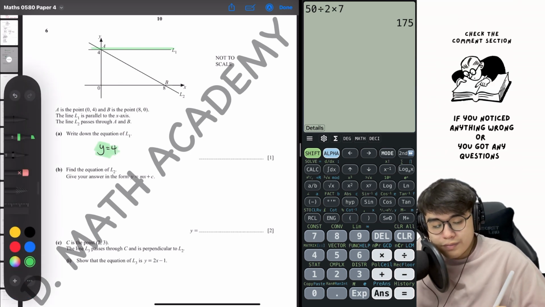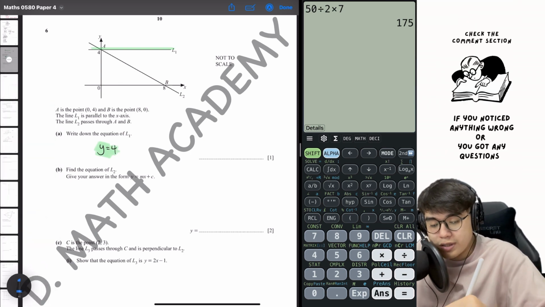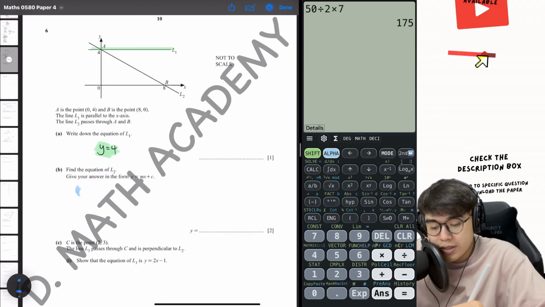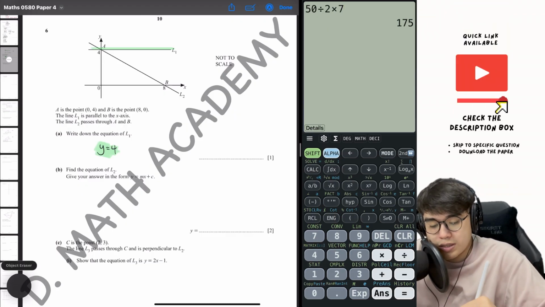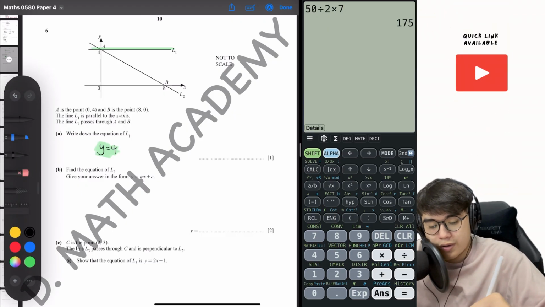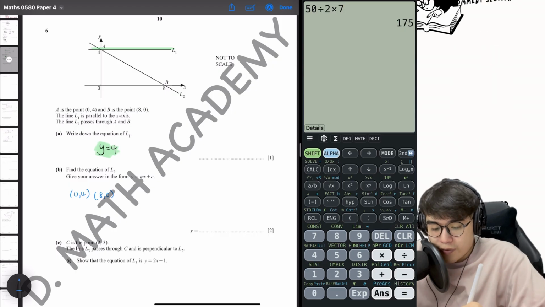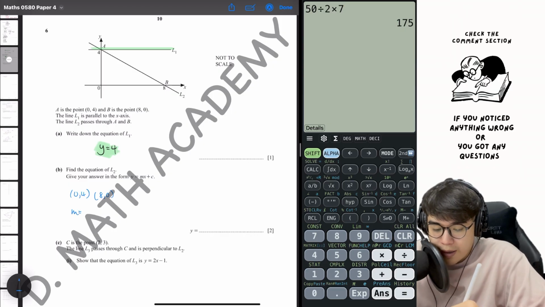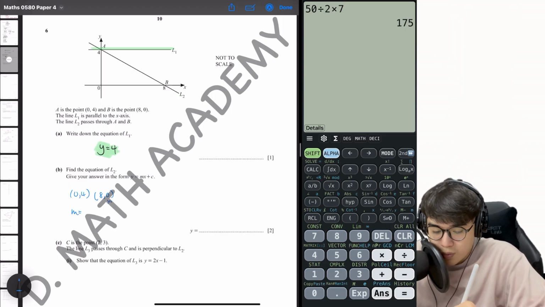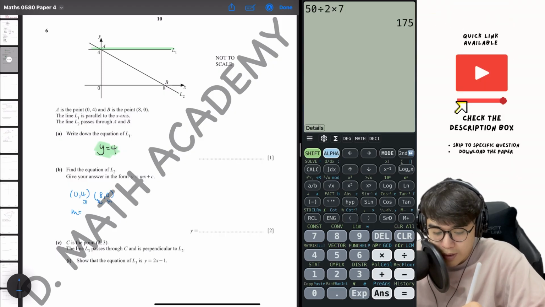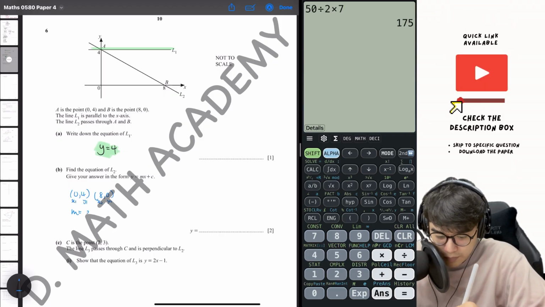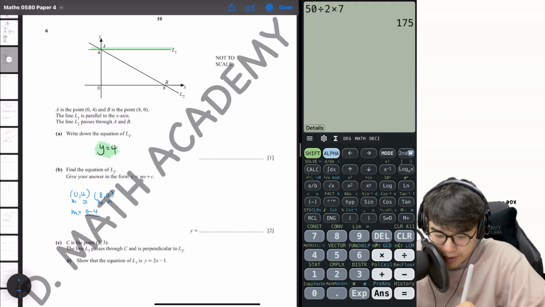L2, however, there are two separate points, I think. L2, they gave us (0, 4), that's the first coordinate, and also (8, 0). With this, you will be able to find your m using y2 minus y1 over x2 minus x1: 0 minus 4 over 8 minus 0.